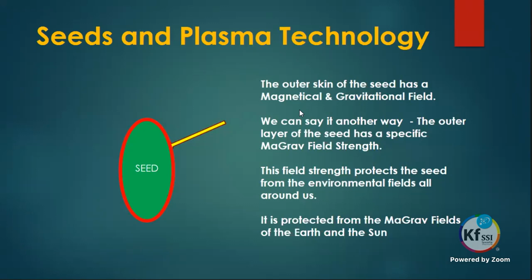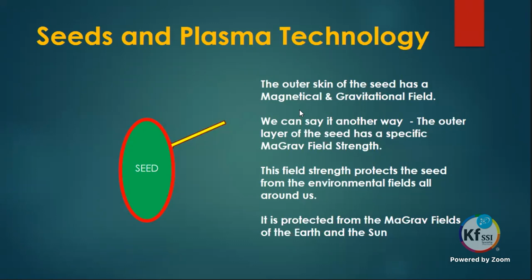We tried to expose our seeds to the different fields of our different GANs materials, which had no effect on the seed, because the fields we were exposing our seeds to found no match to the actual fields of the seed itself, that protective layer, that skin of the seed.